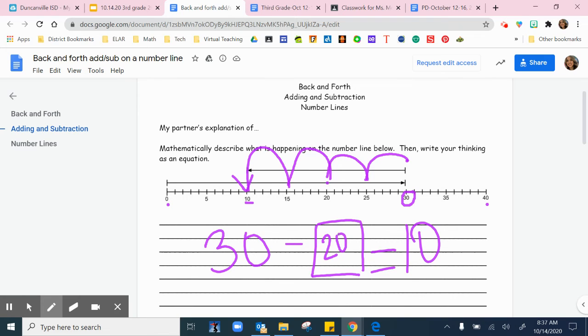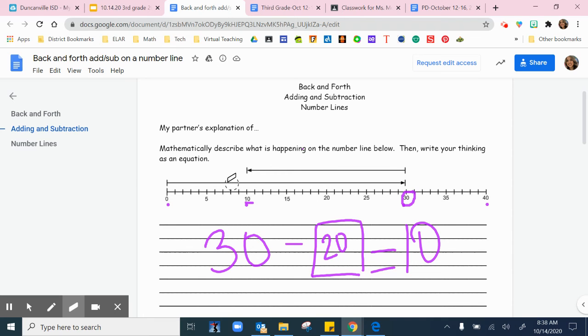Right? Another way we could have solved this is try to figure out the difference here. And we really could have used this one and this number to figure out. 30 minus 10 is 20, and that's the mystery part here. But again, your number line will tell the story, so you can really just use your story. Okay, I hope that makes sense.